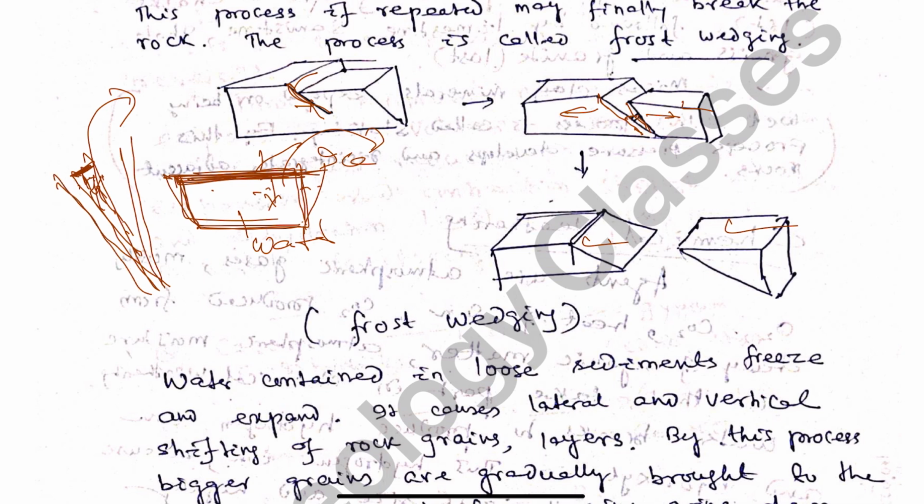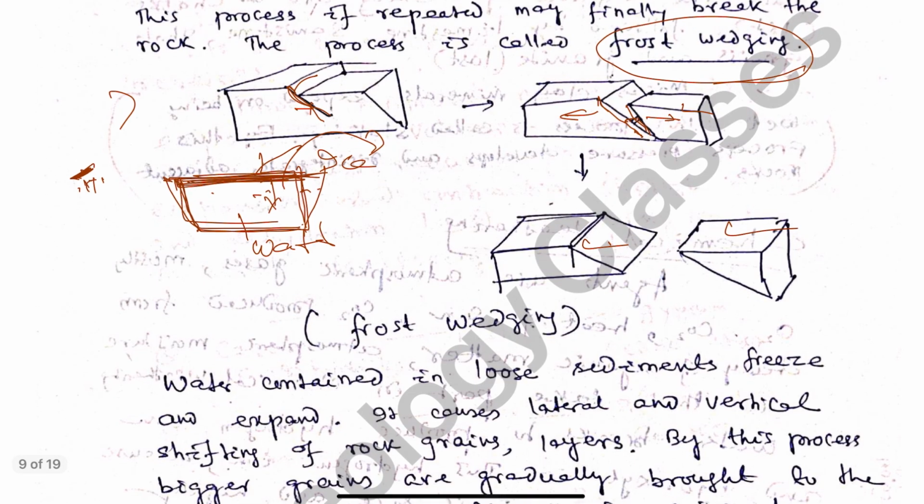So, in this manner, the freezing of ice or frost causes breaking, and the process is called frost wedging because it acts like a wedge. That's why it is called frost wedging. And besides this, frost heaving is another factor, particularly for water contained in loose sediments.